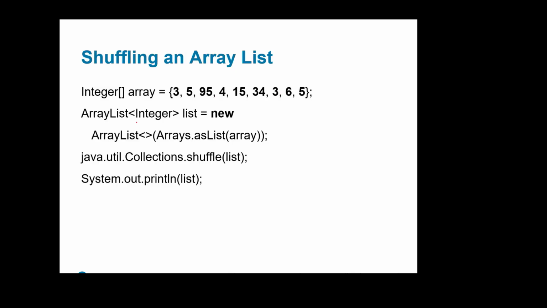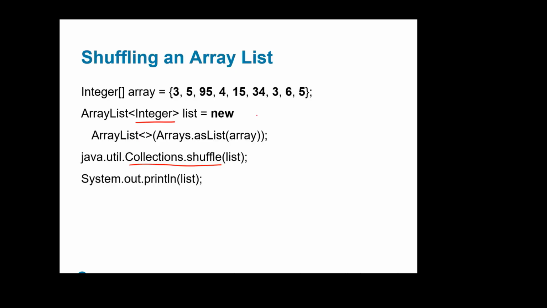Now we can create an ArrayList of integers and pass the same array. So this array will now be treated as an ArrayList. So now we have an ArrayList and we can add, remove, access. So now from the Collections class, we can use, let's say, shuffle. It will randomly shuffle the list and change the sequence.